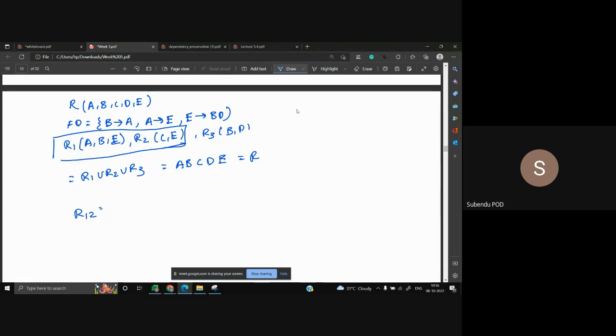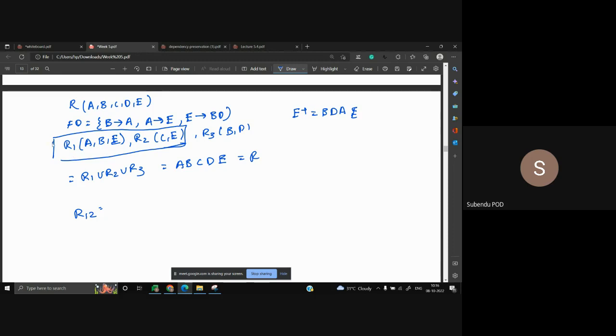So you have to find the E closure. What will we get for the E closure? BD from E, and B determines A, right? And A determines E, right? So from E we get B, A, and E also. So E is the key in the R1 table, right?